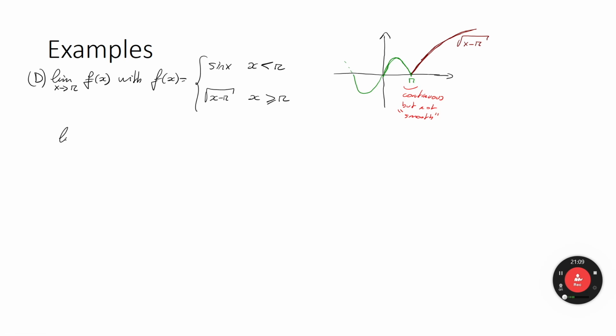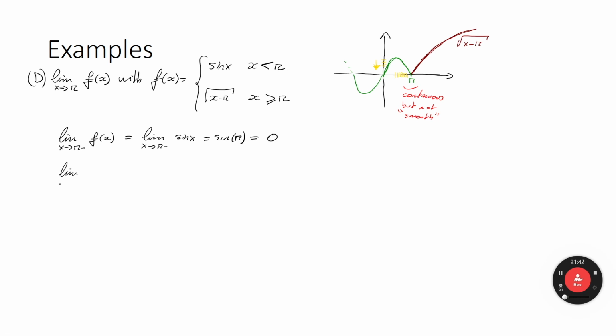So the limit x going to pi minus of f of x is the limit x going to pi minus of sine of x. So here again we're to the left of pi and we're approaching pi, so we get that our values also approach sine of pi, which is 0.